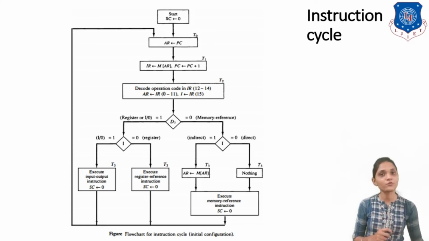After that, you check the I bit, and if this I bit is 1, then you have to execute this input output instruction at the timing signal T3. So your condition will be like D7 is 1, I is 1 and T3 timing signal is generated. Then the rest of the condition will depend upon your particular instruction.